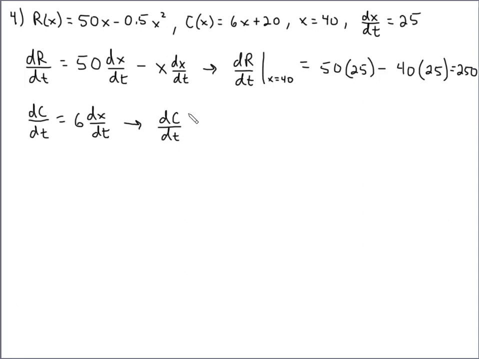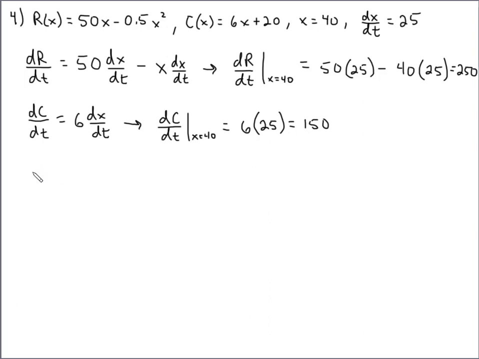So dC/dt when x is equal to 40, dx/dt is equal to 25. Well, this one doesn't even have an x in it, it's just the dx/dt. So 6 times 25, it's going to be 150. And so again, the units will be dollars per year.